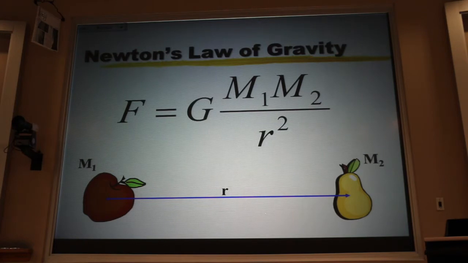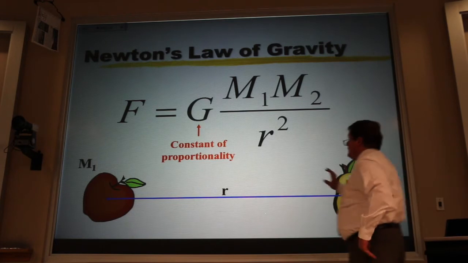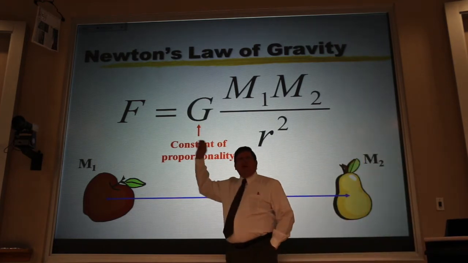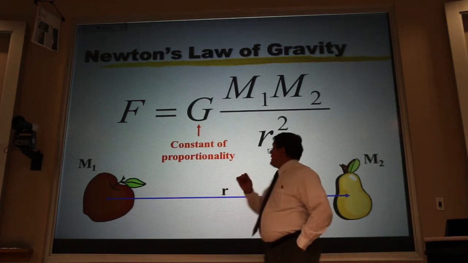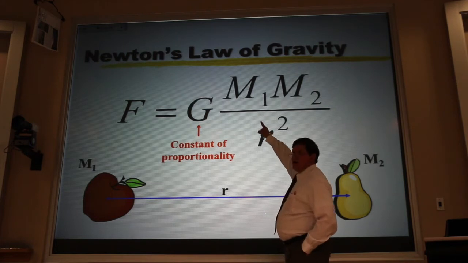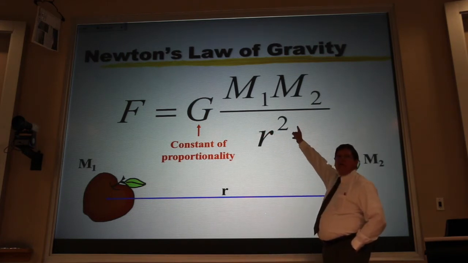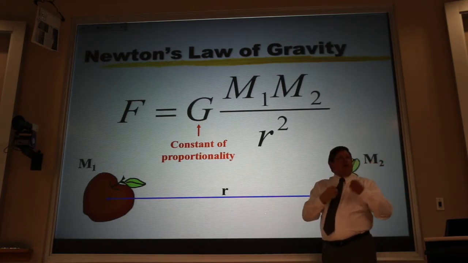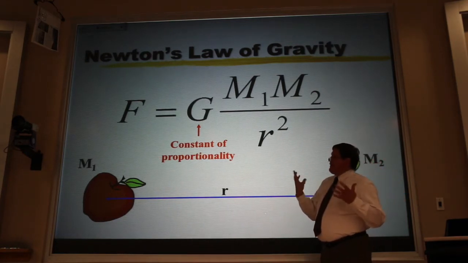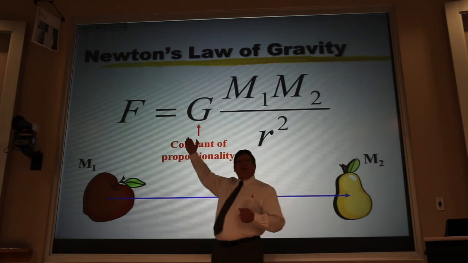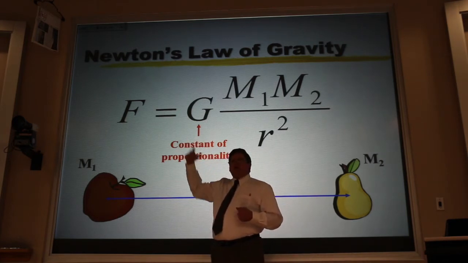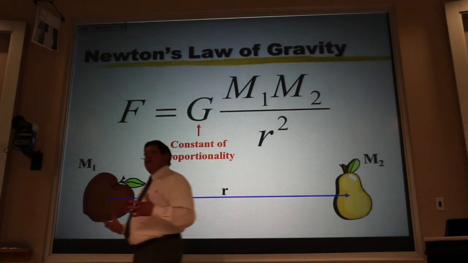Now, it turns out that this constant of proportionality here was incredibly difficult to measure. Imagine taking 1 kilogram and putting it 1 meter away from another 1 kilogram and measuring the force between them. That force would be the value of this constant. And of course, that's not the way Henry Cavendish did it.